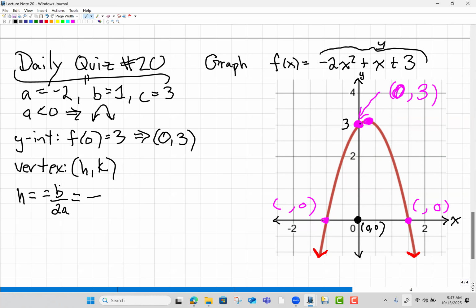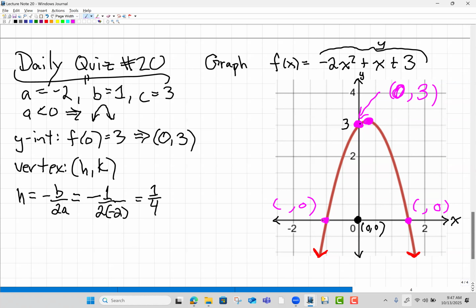We have a minus sign. The b is 1. Then we have a 2, and then the a is minus 2. So now we just simplify this fraction. A minus and a minus cancel. 2 times 2 is 4.